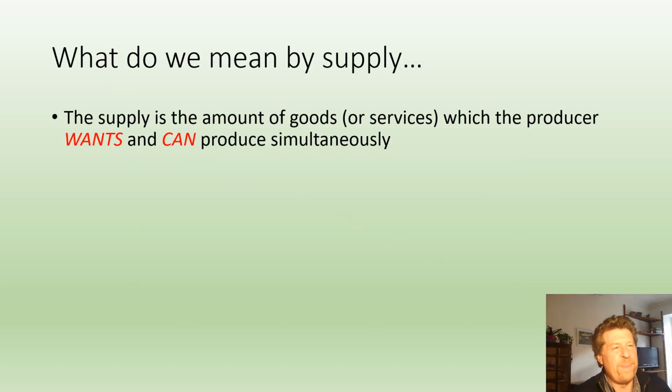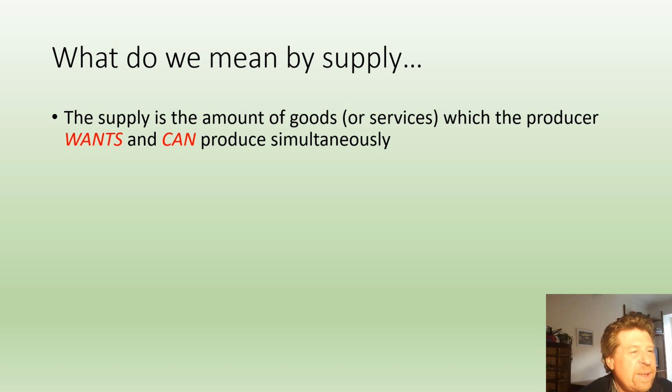Now, the opposite is about the supplier. Supplier would mean fornitore. So the supplier, or the supply, is what the producer wants and can produce. Not enough to want to produce. Obviously he wants to produce as much as possible, but what resources has he got? Maybe he hasn't got enough factories or machines or workers to produce more than a certain amount.